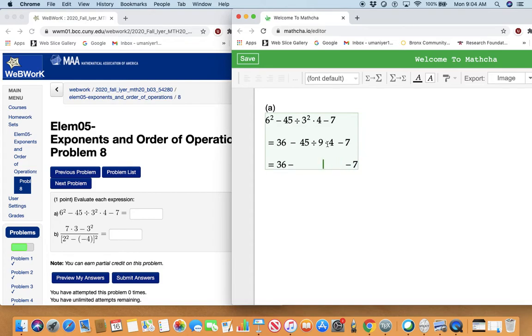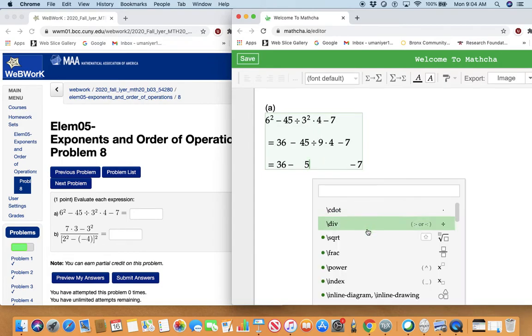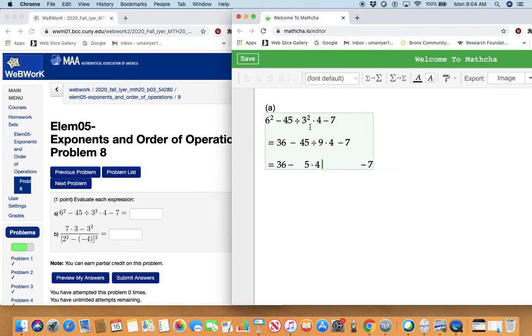So all we need to do is understand this. Start from left to right. 45 divided by 9 is 5, and then times 4. I hope it's clear. Multiplication and division have the same priority, so you have to go from left to right.